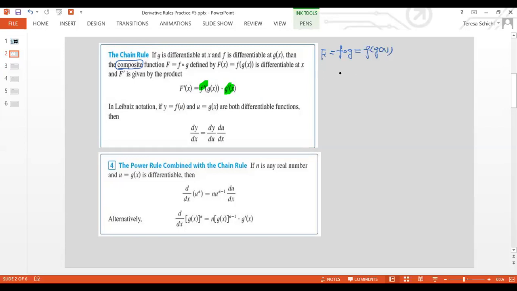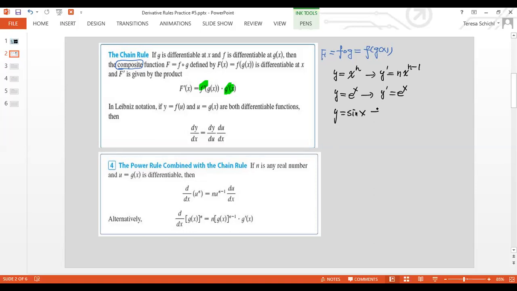What we did so far, we have a few formulas, right? If y is x to the n, the power rule, then y prime is n times x to the n minus 1. Then we also have e to the x. Then we have our 6 trig functions, right?